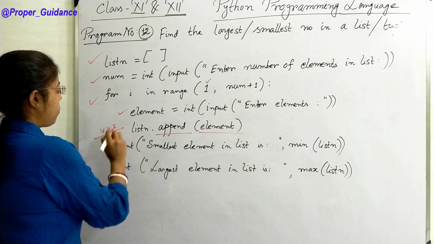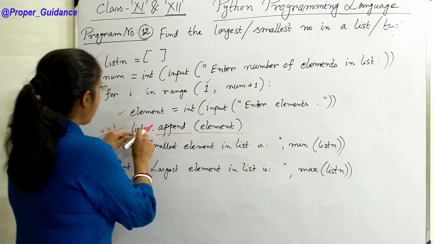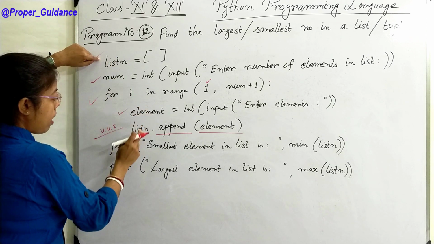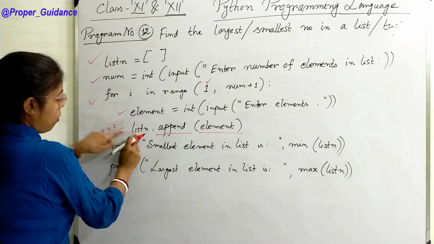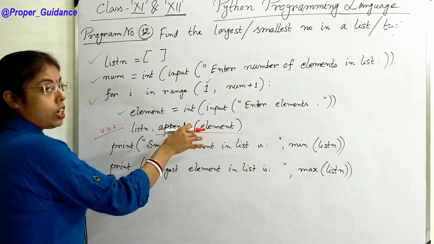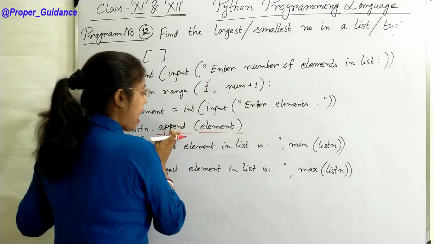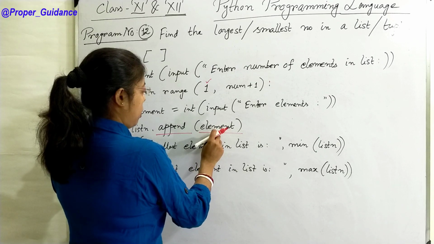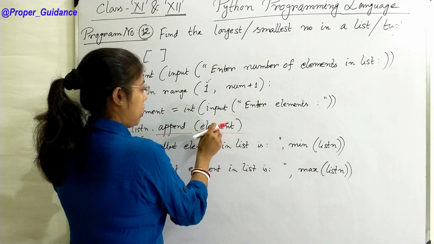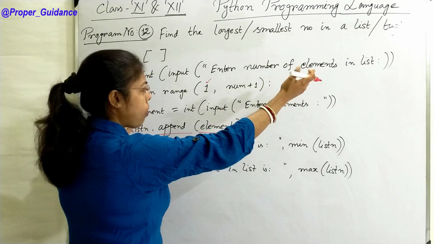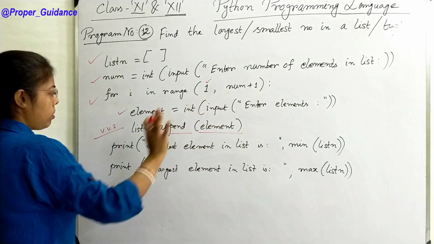VVI, this line is very important. For what? list_in, the variable for the list I have taken here, followed by a dot, and we are implementing the inbuilt method append and passing this variable element here. The element will be whatever integer value the user has given.